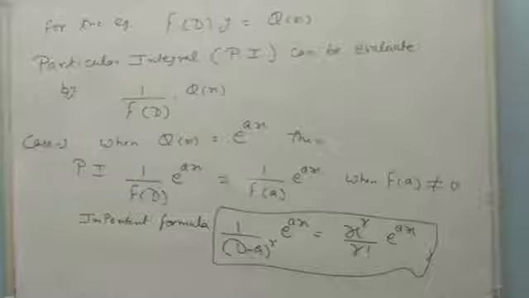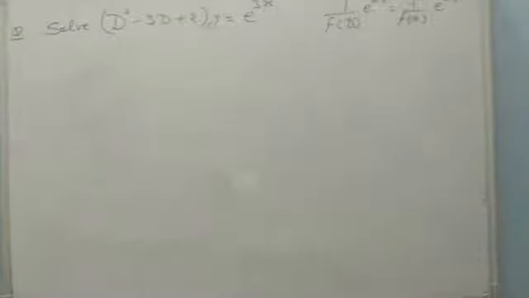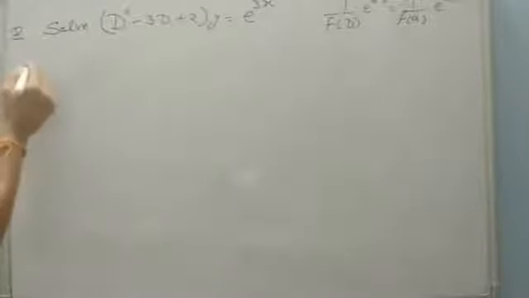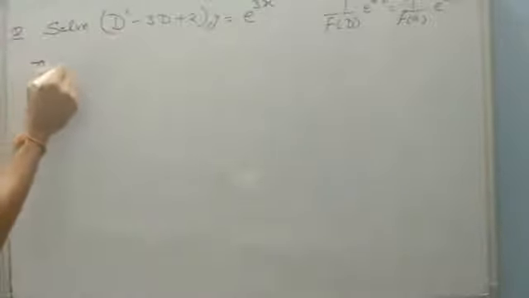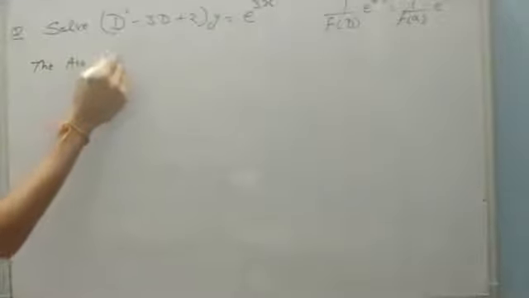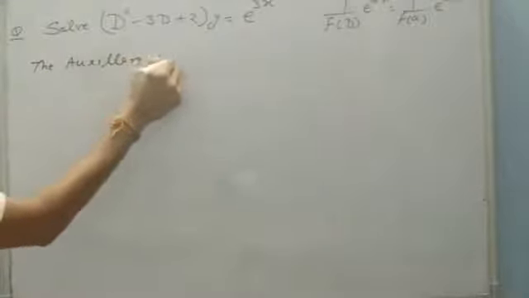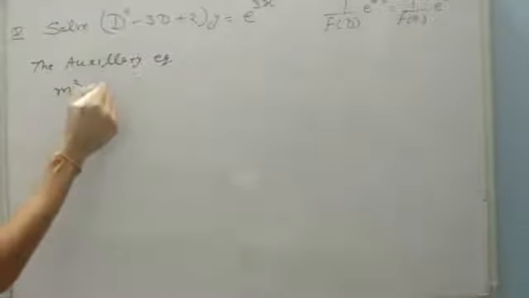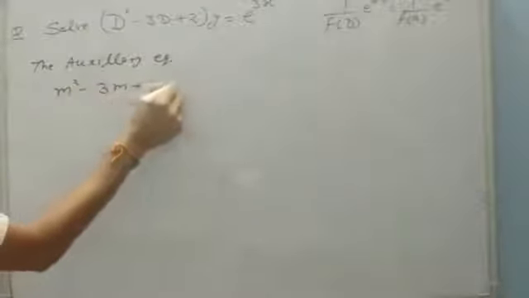Let us do some examples first, then we will go ahead. So here is the first example for finding the particular integral as well as solving the differential equation. For solving this differential equation, there is a function of x, so we will have to find the complementary function as well as the particular integral. First of all, for the complementary function, the auxiliary equation is m square minus 3m plus 2 equals 0.